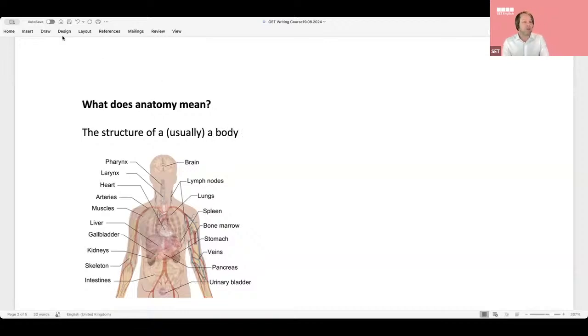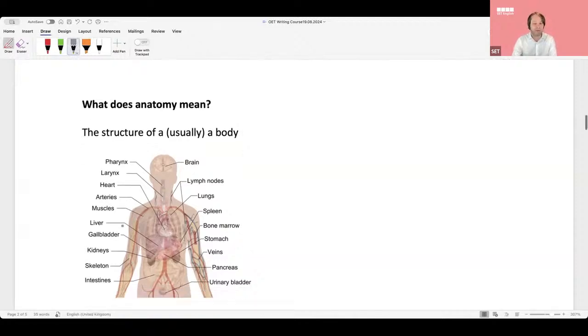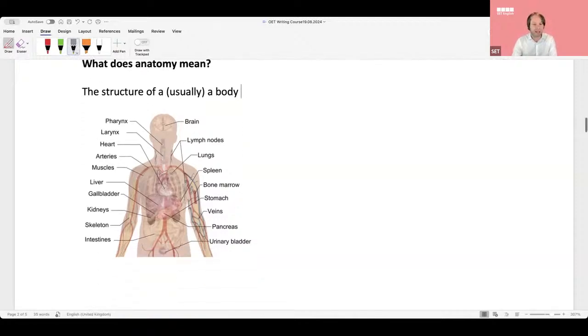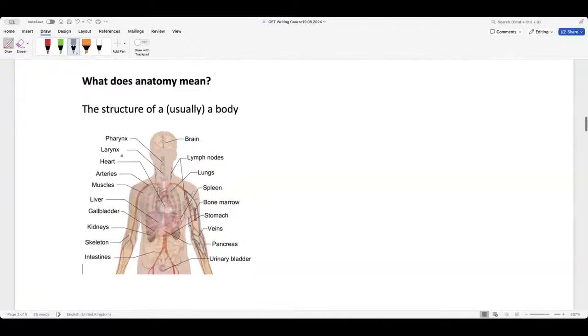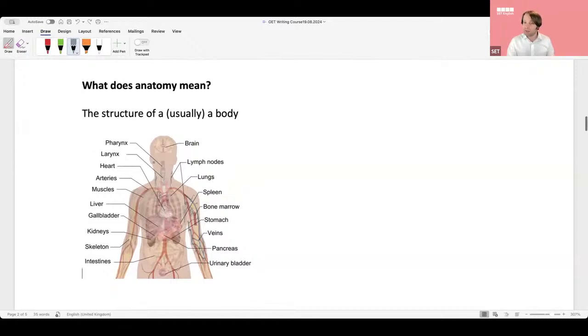For example, we have the lungs here, brain here. It's the structure. It's where things are. You guys know this much better than me. Probably you can teach me this body anatomy, right? I don't know anything about this really, apart from some basics.